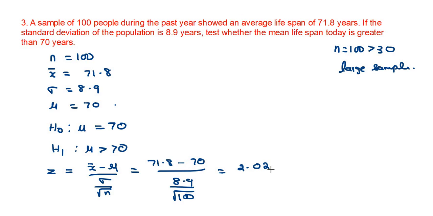So our Z is 2.02. Here we have greater than, so it is one tail test and a right tail test.